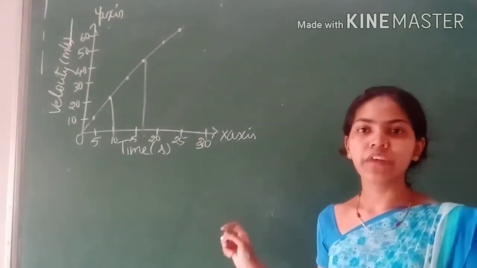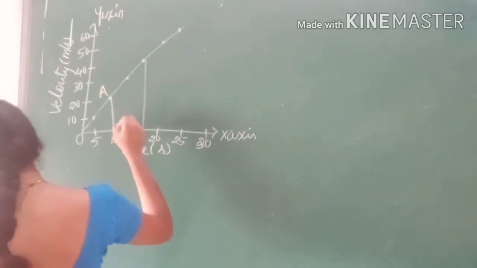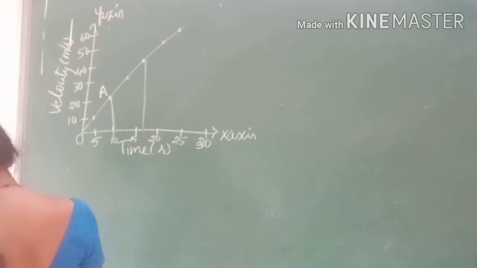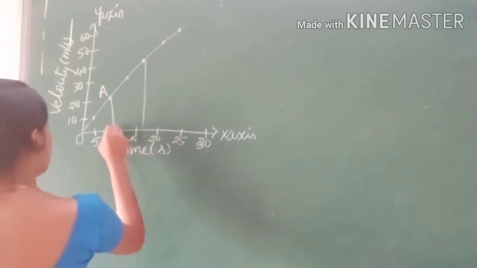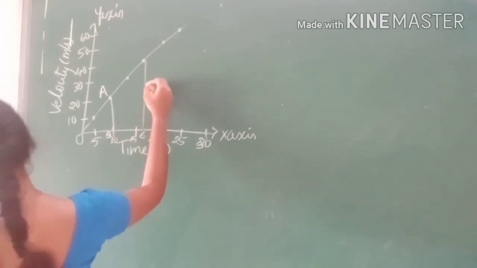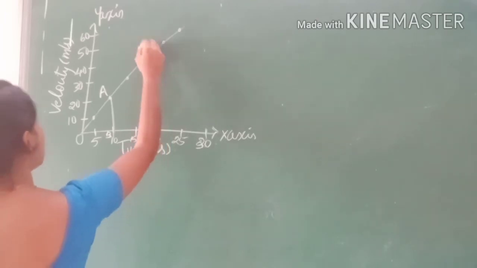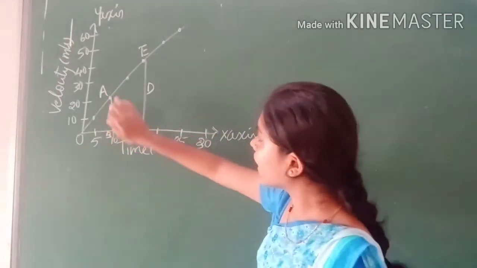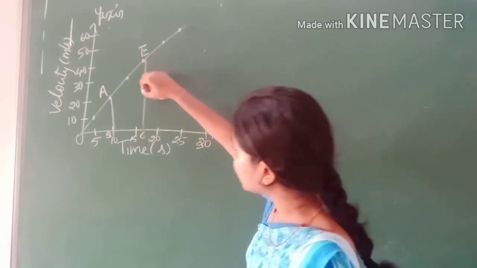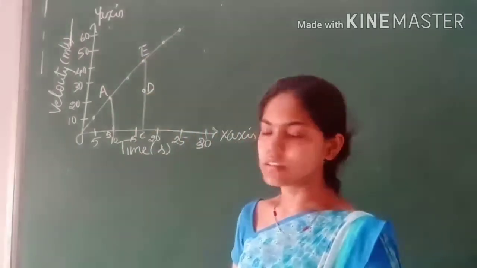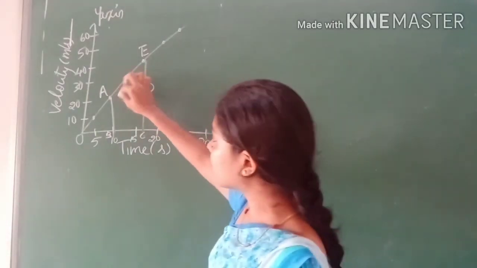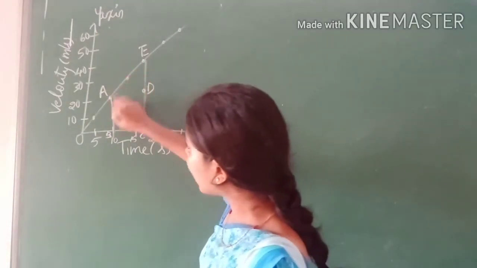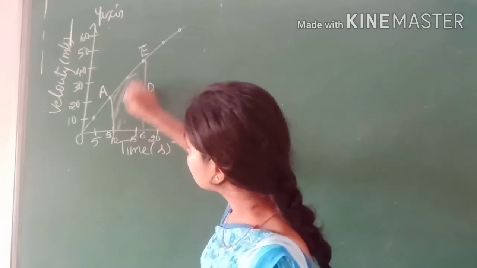Now I want to find the distance traveled by the object under the area A, B, C, D and E. How to find this? The distance traveled by the object is nothing but the area under this.